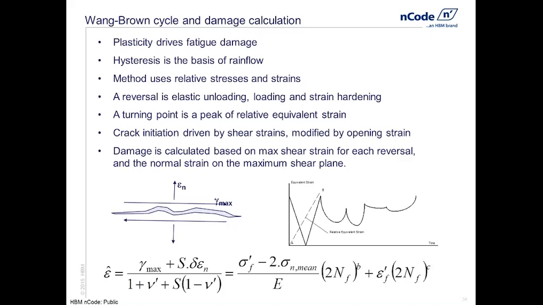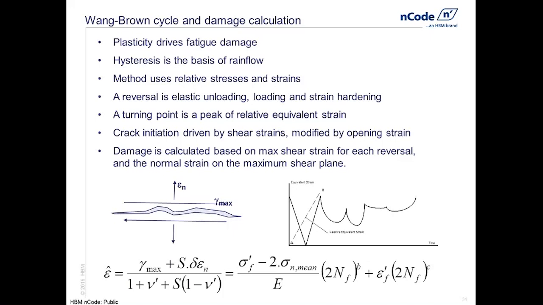And what this method does is it takes the concept of rainflow cycle counting, but extends it to multi-axial loadings using the von Mises yield criterion. So what you do is you identify the largest value of the von Mises yield criterion that occurs during the loading history, and that is your maximum turning point.